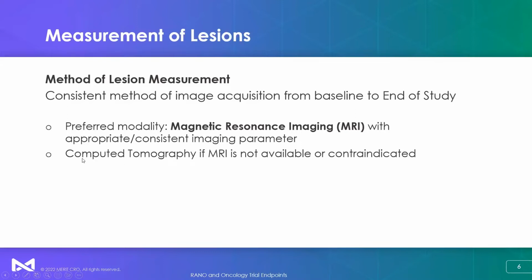Computed tomography can be used, and it is recommended only if the MRI is not available or a subject is contraindicated with the MR. Such cases, such as a subject might have metallic devices in the body so that they cannot go into the MR. In such cases, the CT might be an alternative option for the MR, but again, the MR will be the preferred modality for assessing the brain imagings.